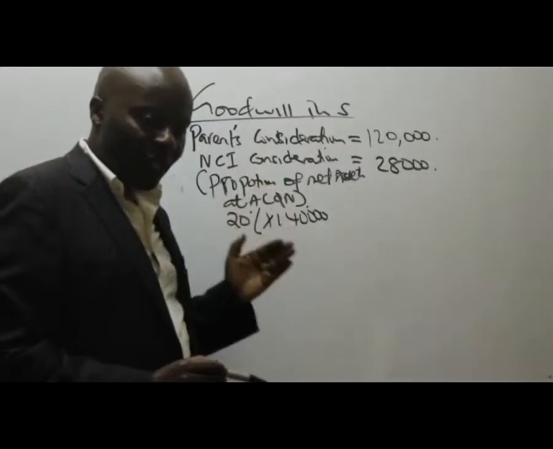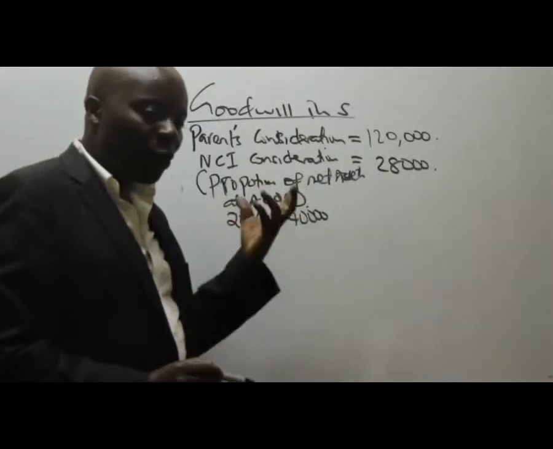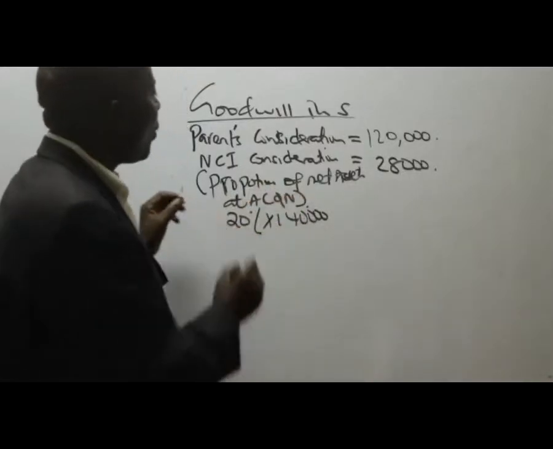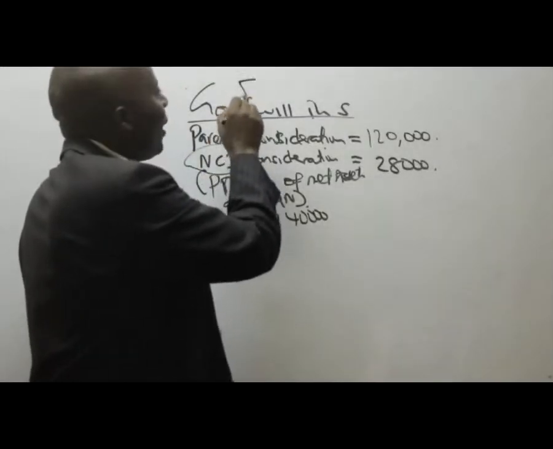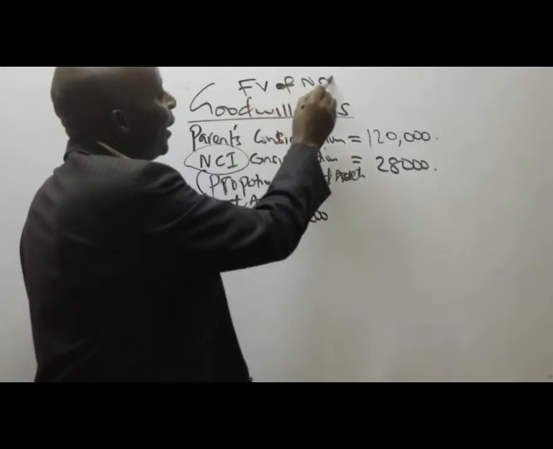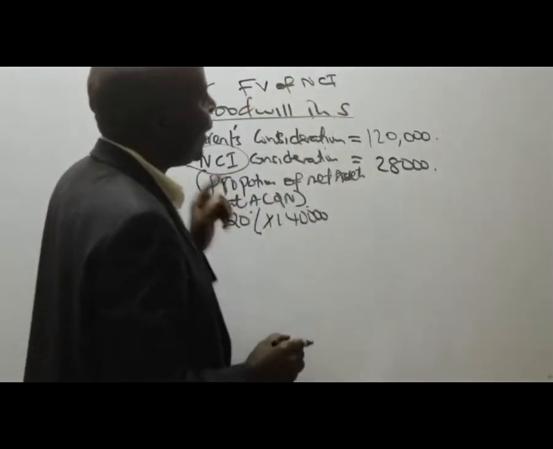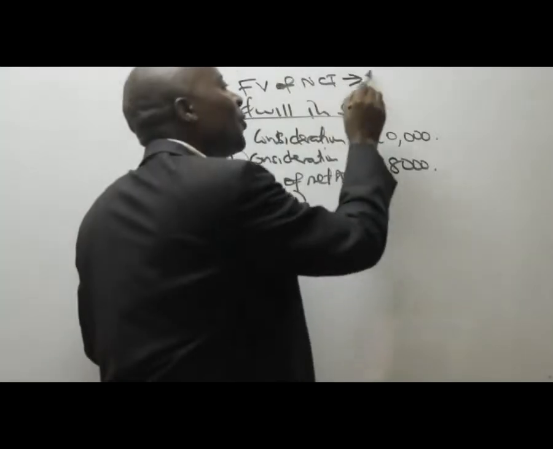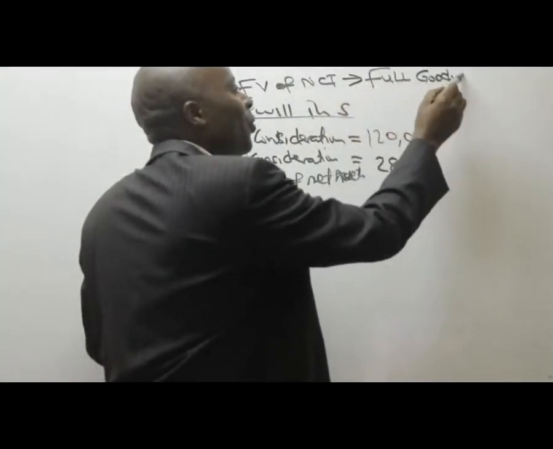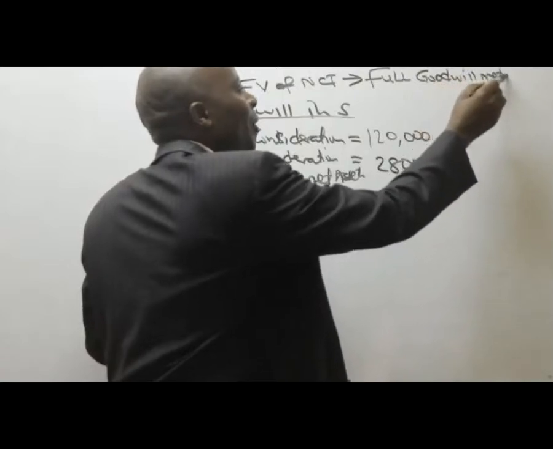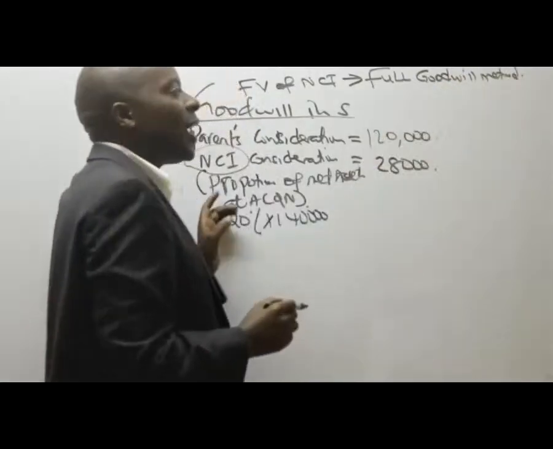Proportionate share. Is that now what we call full goodwill? Listen, whenever the fair value of NCI is given, then this is normally called the full goodwill method.